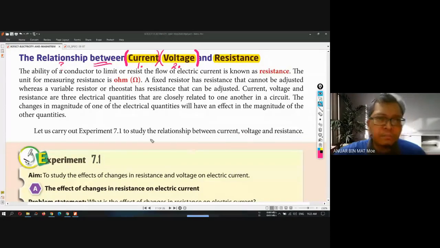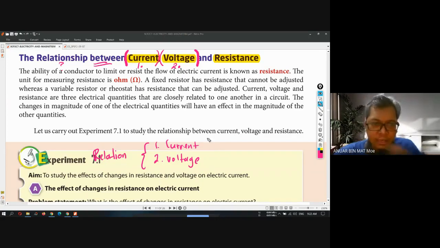So, what is the relation between these units? We have the parameters here.